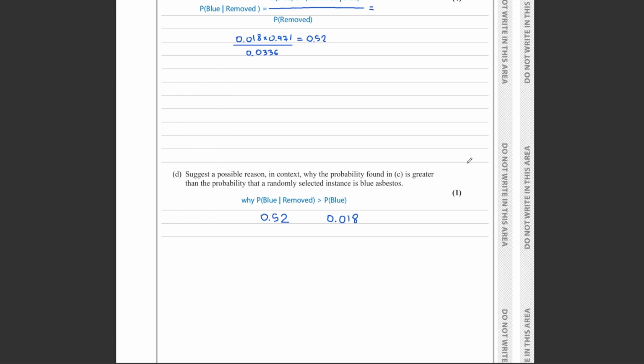Hence the removal rate is 97.1%, where the white removal rate is only 1.5%. That is because this type is more dangerous. So even though blue type is rare overall, when removal happens, it's mostly blue being removed due to higher risk.